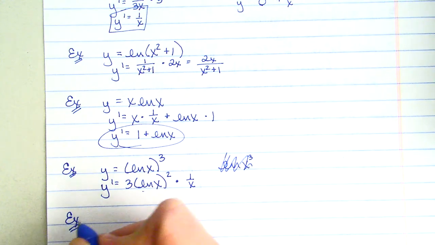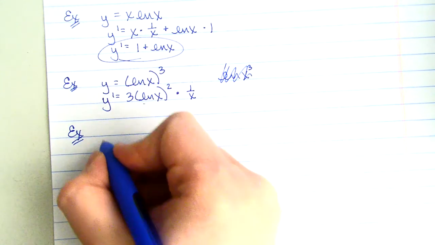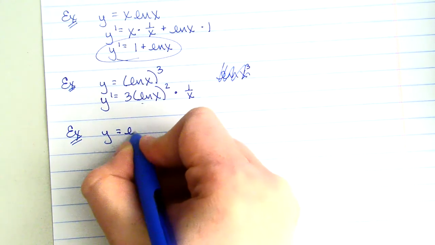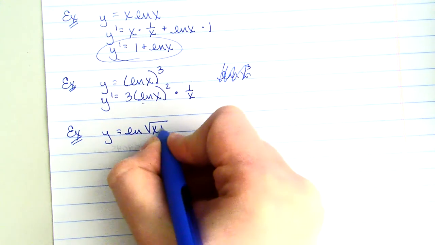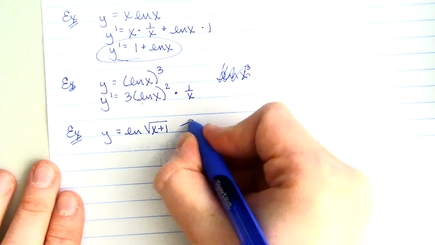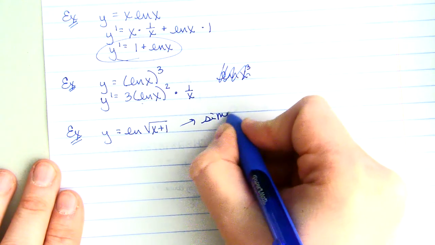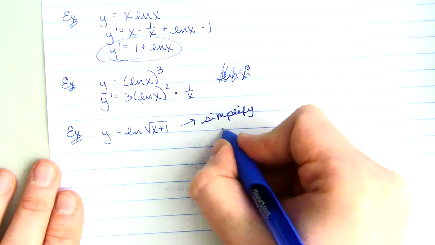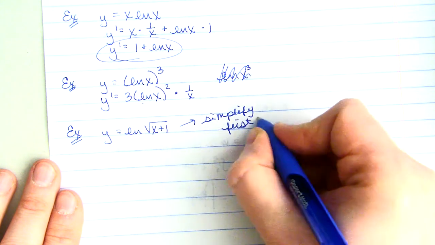Okay, a few harder problems. Y equals the natural log of the square root of x plus 1. I could totally do this by using the chain rule and all that stuff, but if I first simplify this problem by using my properties, the work is going to be a whole lot easier. So let's say simplify first using the properties.